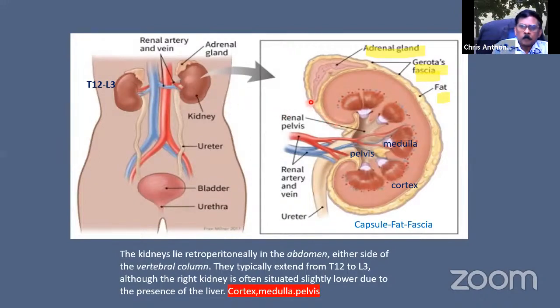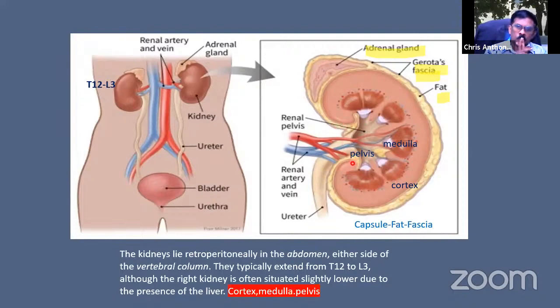The kidney itself is covered with a capsule of fascia known as Gerota's fascia, the outermost layer here, which also encloses the adjacent adrenal glands, which attach to the upper pole of the kidney. The kidney is surrounded by this yellowish structure known as the perinephric fat, which covers the kidney and acts as a cushion to absorb shock or trauma.